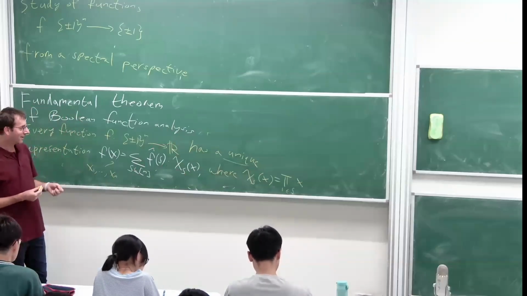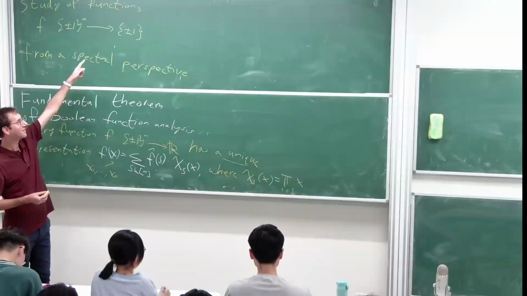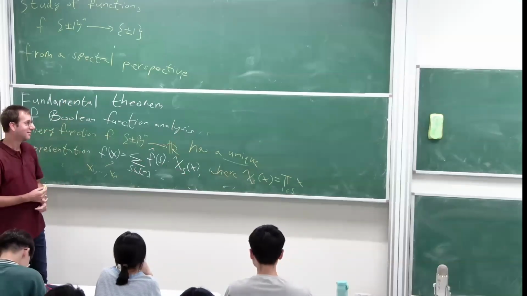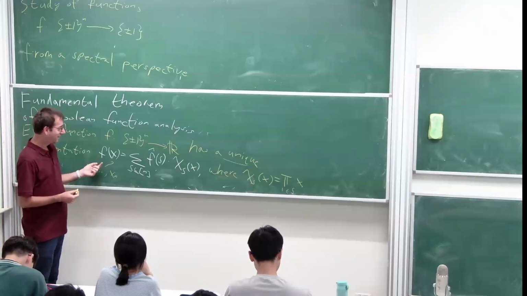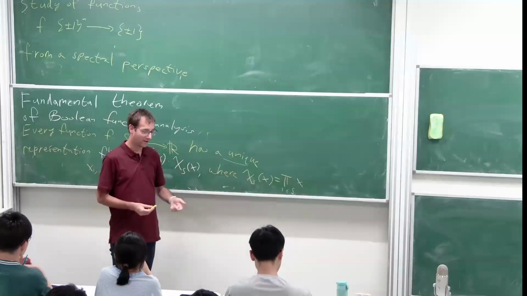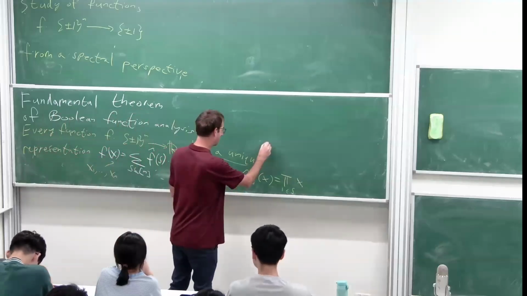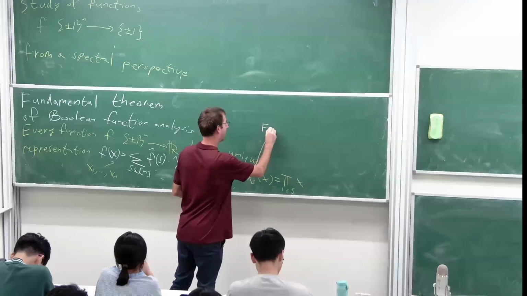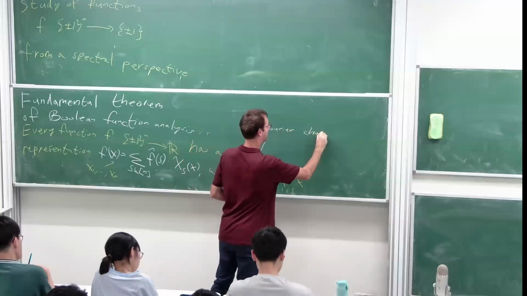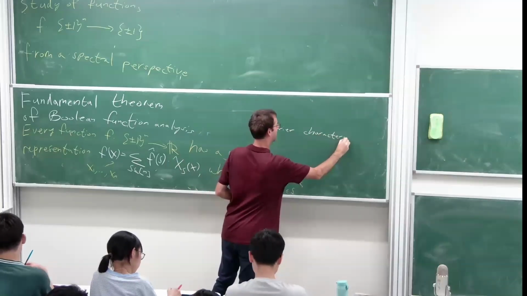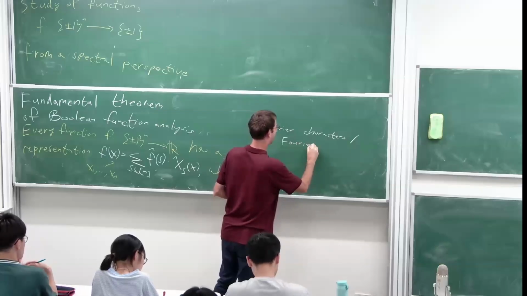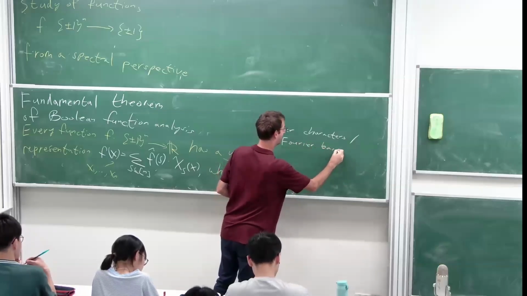Okay, so what this is saying is that if you look at any function, not necessarily Boolean, but any real valued function, or in principle complex valued function, then you can present it as some linear combination of these functions that we call the Fourier characters, or basis functions.